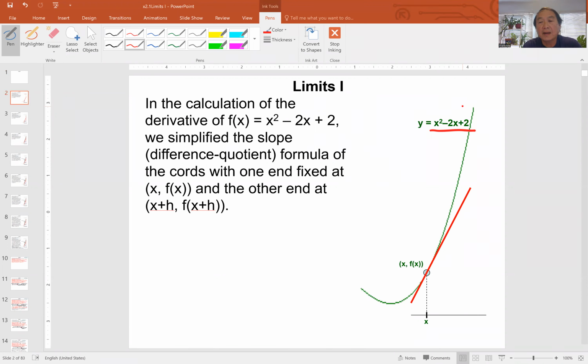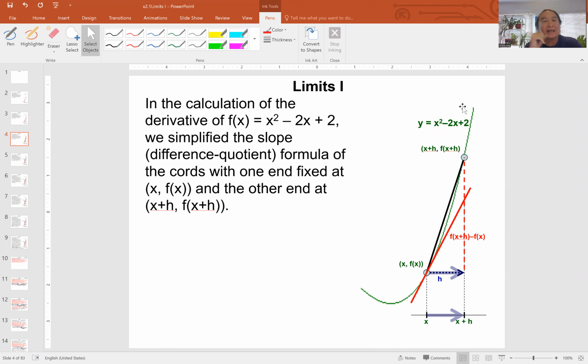So we approximate the slope of the red line by going to another point on the curve, connecting the black line, and calculating the slope of the black line. The slope of the black line can be calculated with the symbols x and h, because I know what the curve is.